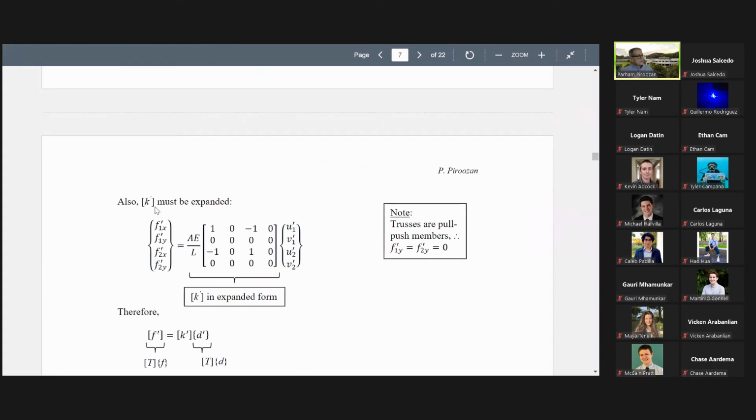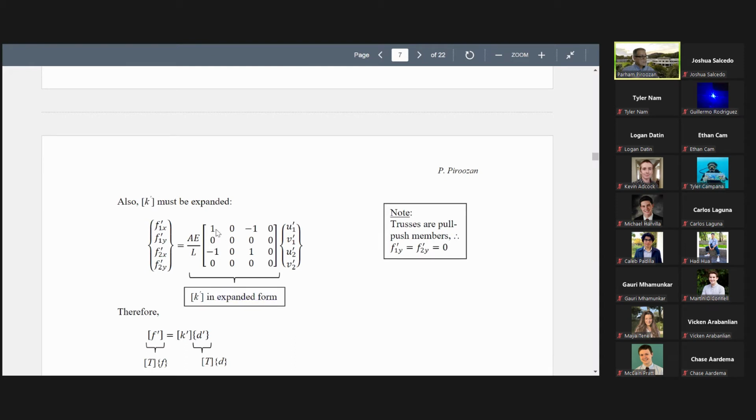You see, when we write our formula in this form with respect to the local coordinate system with prime, f1x prime, f1y prime, f2x prime, f2y prime, and again displacement with prime. This is K prime in expanded form for the element now.